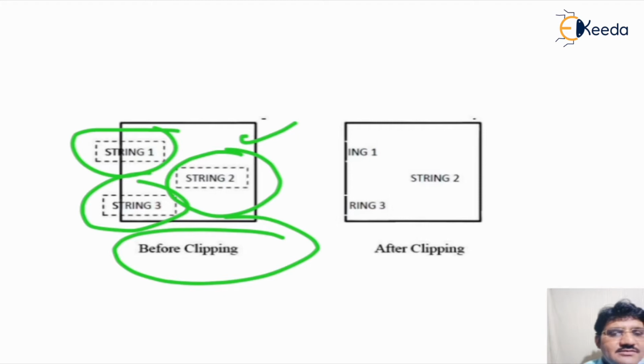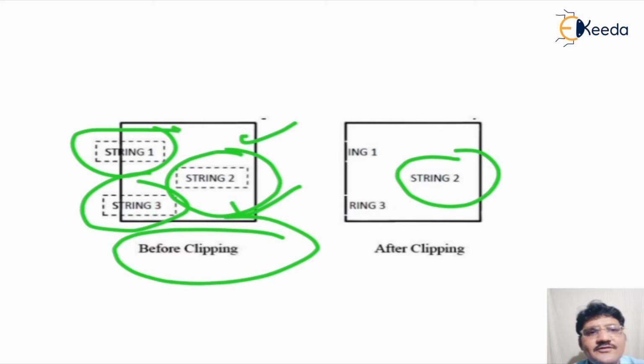When we use method 2 for clipping, we can check that string 2 is completely inside the clip window, so the entire string will be visible. But for string number 1, the character S is completely outside, T is completely outside, and R lies on the boundary.